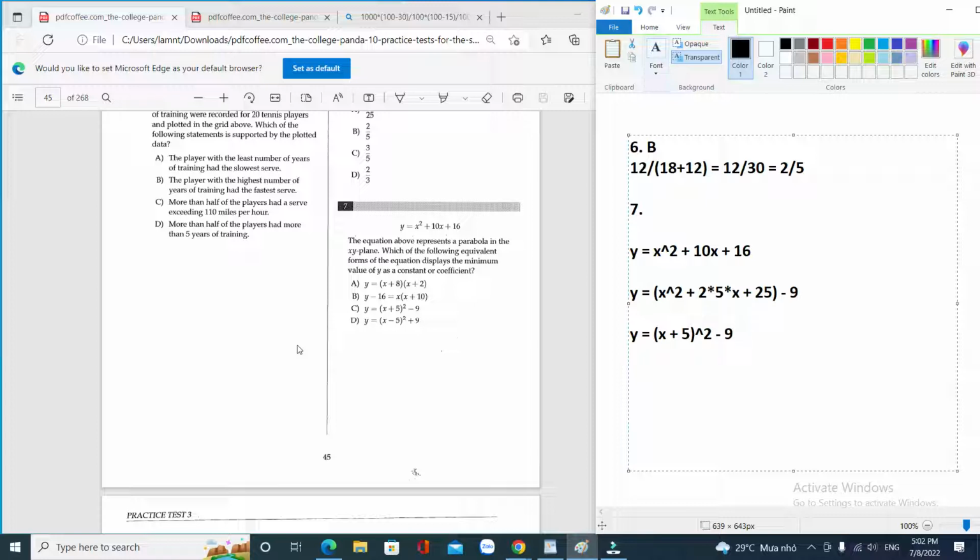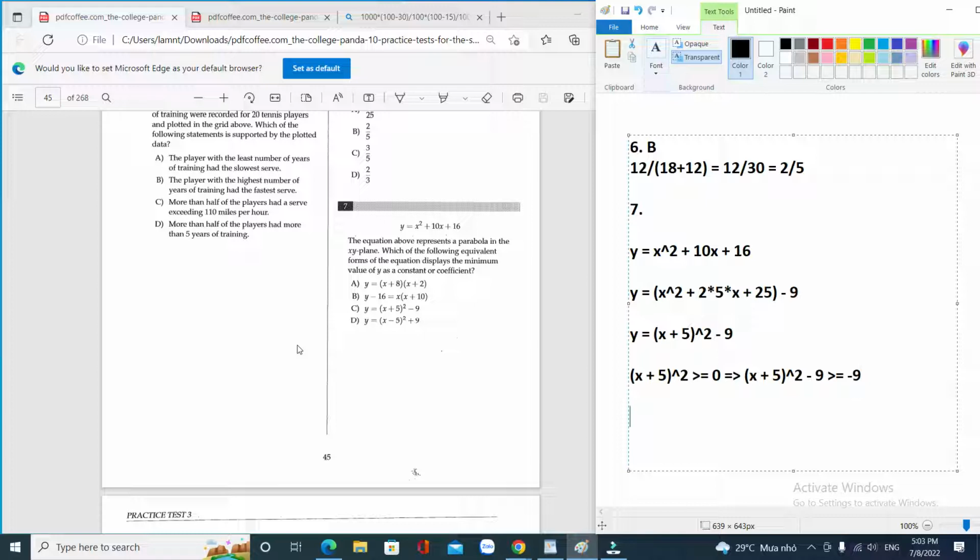Because (x plus 5) squared is bigger than or equal to 0, therefore (x plus 5) squared minus 9 is bigger than or equal to minus 9, right?